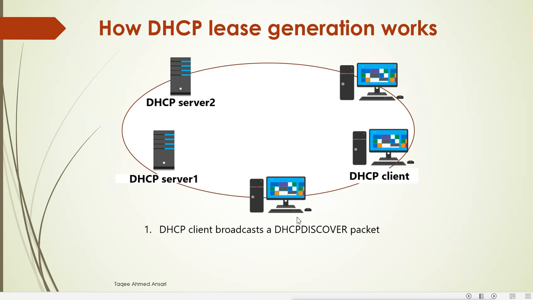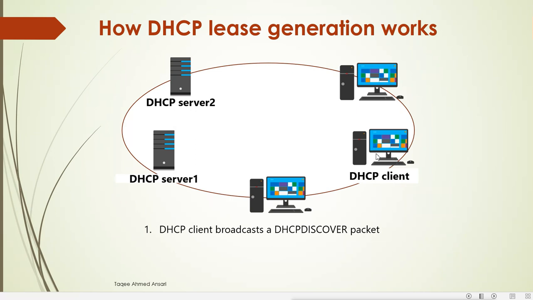Now remember, the discover packet goes as a broadcast because our client doesn't know the IP of the DHCP server. It does not know what network it is on. The client does not have any information about the network, about the DHCP server IP, nothing.